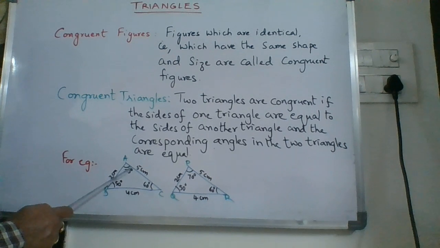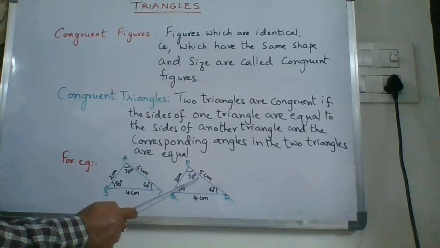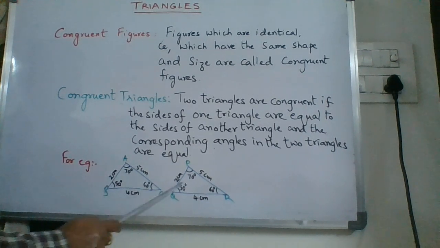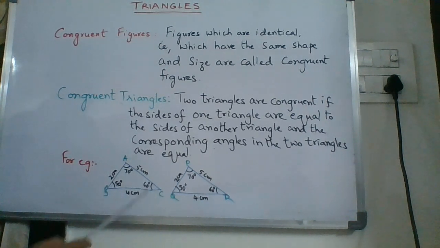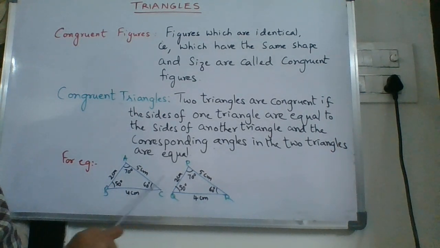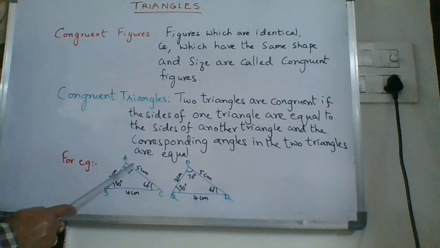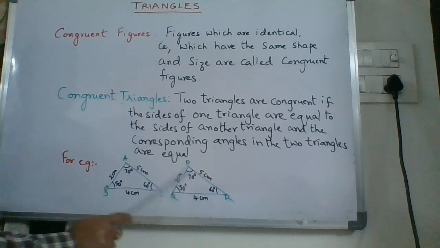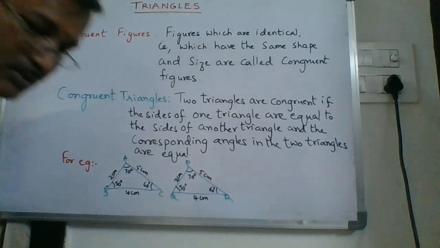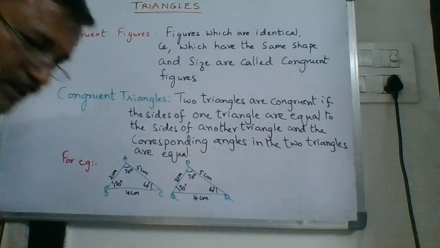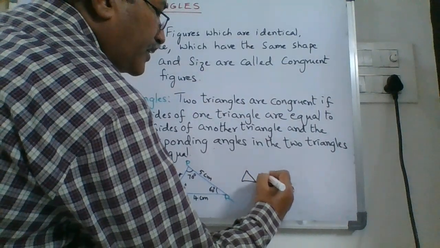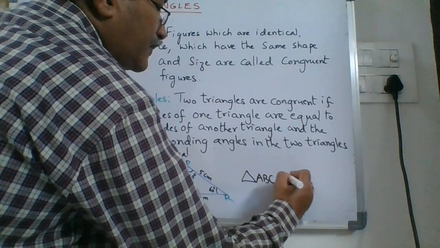See, angle A is 70 degrees, and its corresponding angle is 70 degrees here, and the corresponding angle of B is 50 degrees, angle Q is 50 degrees, and angle C, angle R are corresponding angles. They are each equal to 60 degrees. Because corresponding angles and corresponding sides of one triangle are equal to another, these two triangles, triangle ABC and triangle PQR, are congruent.